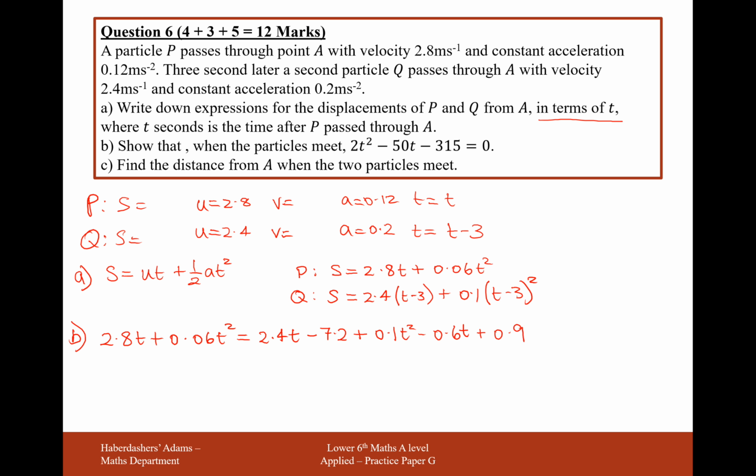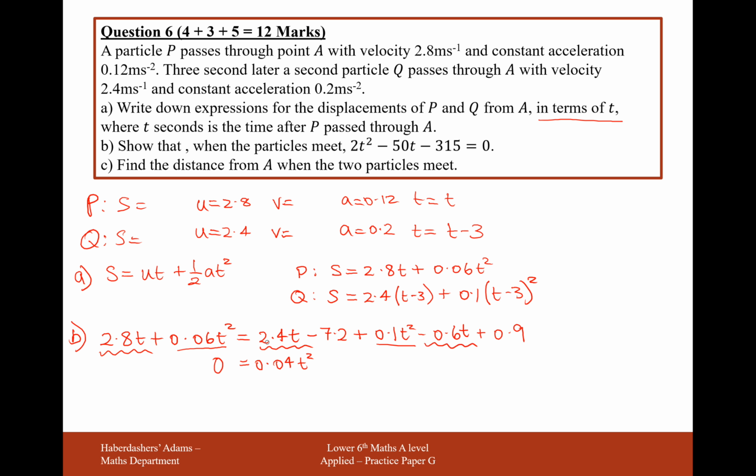Tidying up what we have here, I think we'll take everything onto the right, so let's sort out the T squareds first. So 0.04 T squared. Now we'll sort out the T terms.